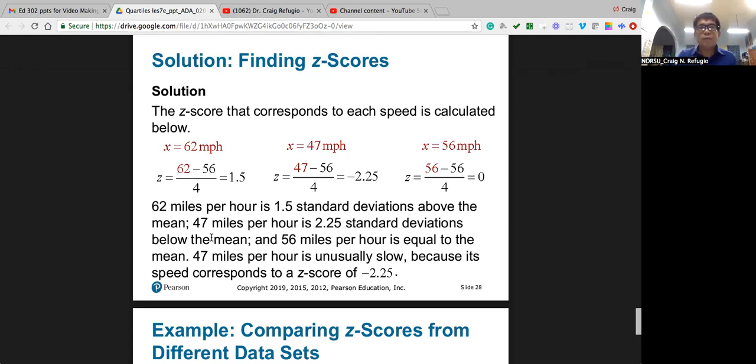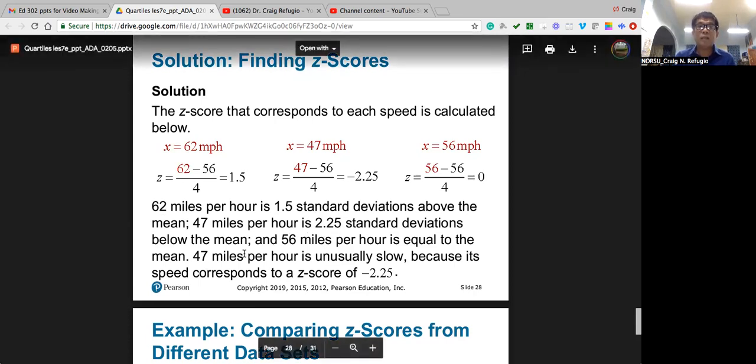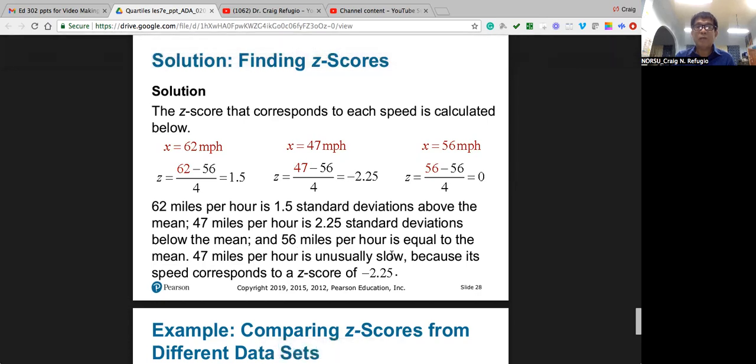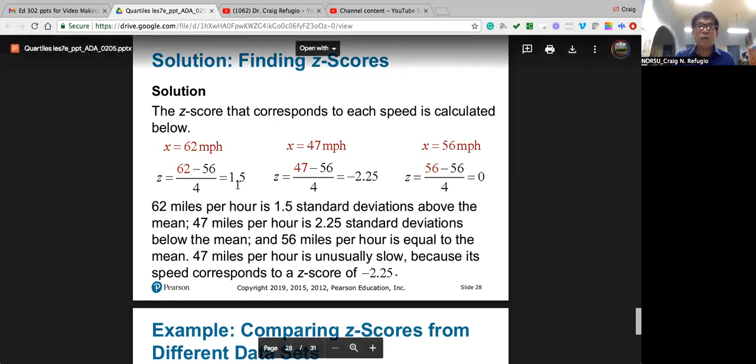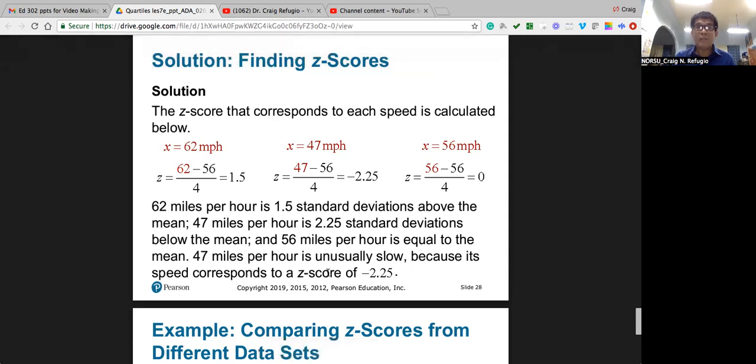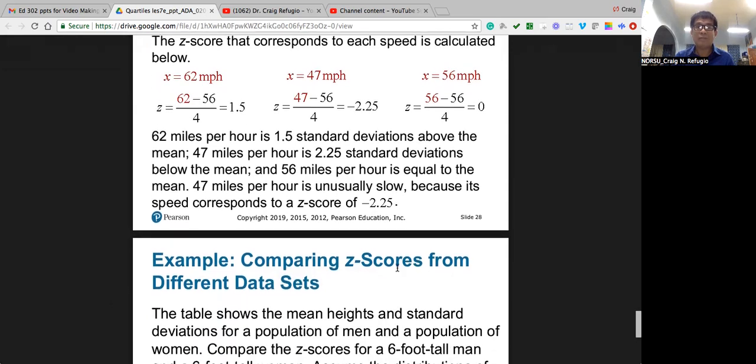So 47 miles per hour is 2.25 standard deviations below the mean. And 56 miles per hour is equal to the mean of the data set. 47 miles per hour is unusually slow because its speed corresponds to a z-score of negative 2.25.